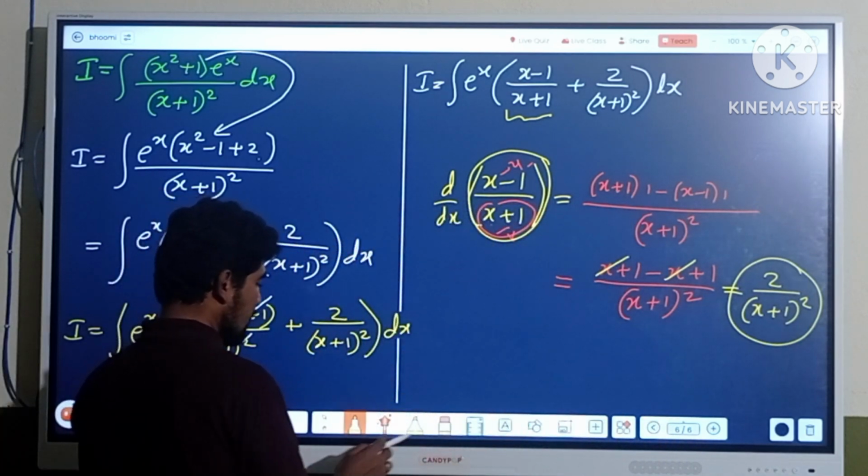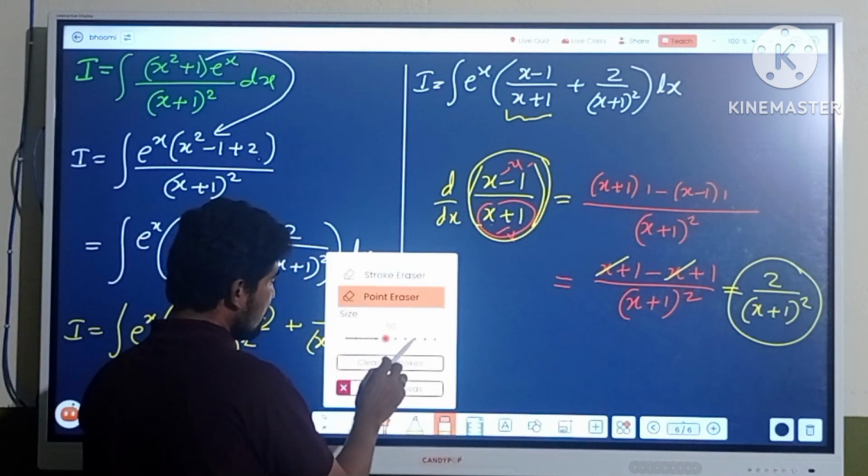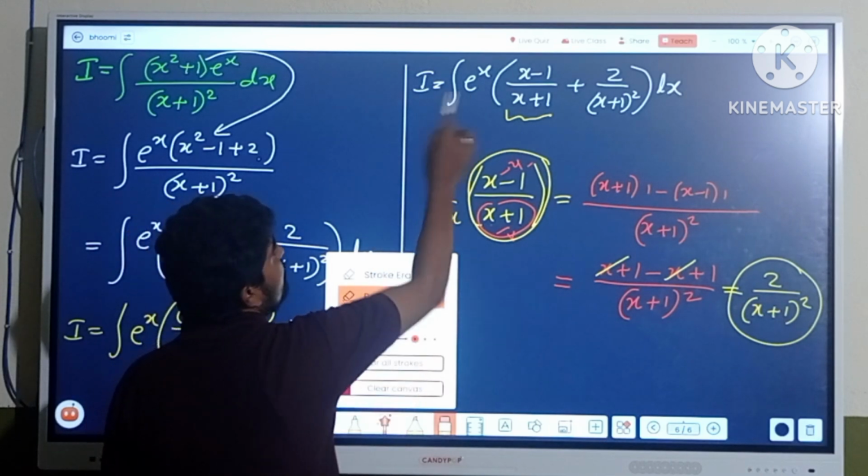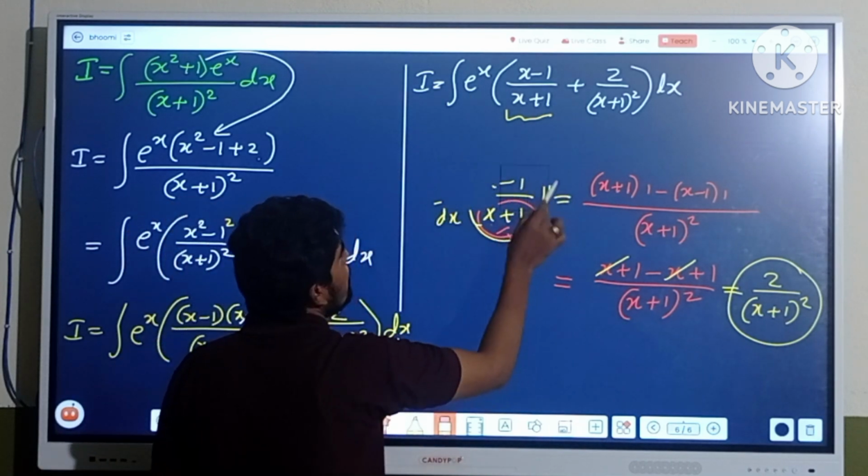So this integral problem is also of which form? Integration of e power x into f(x) plus f dash x.